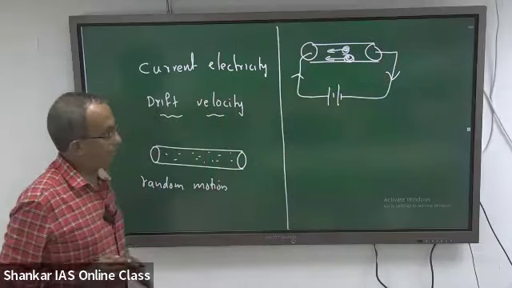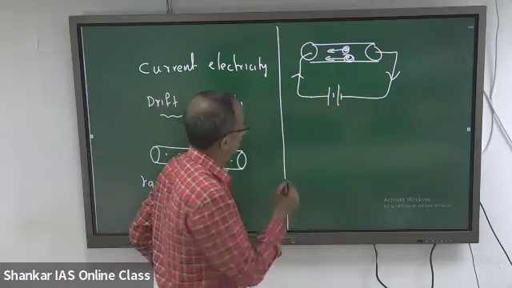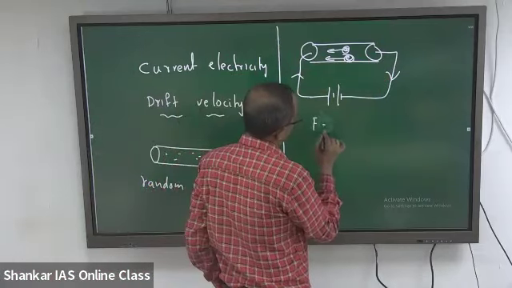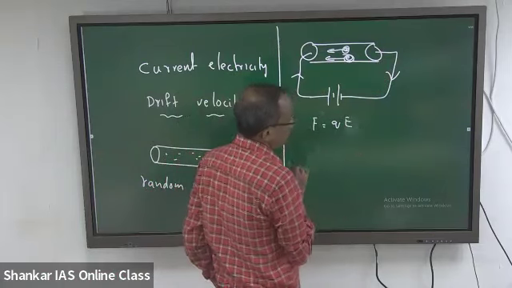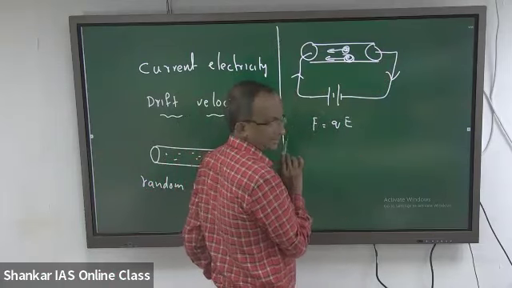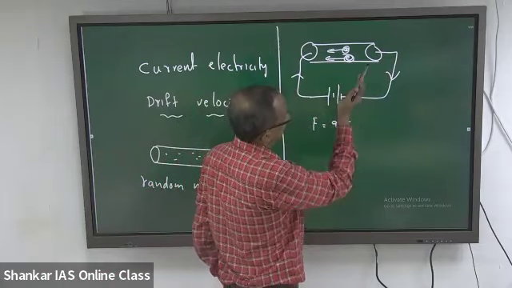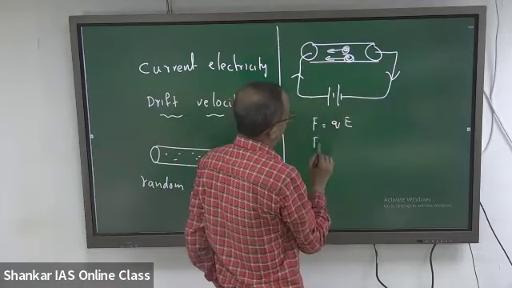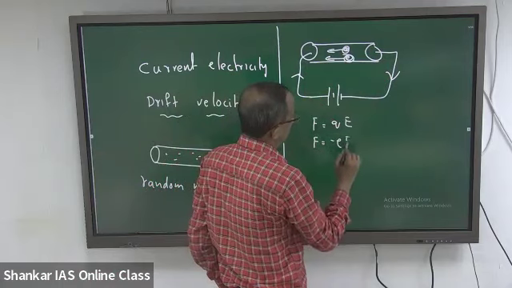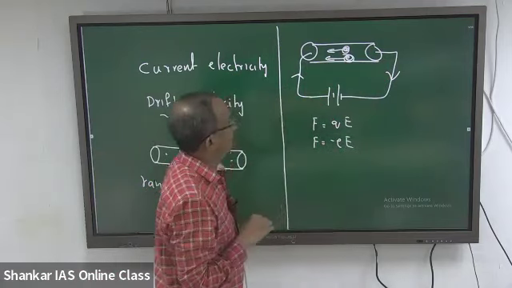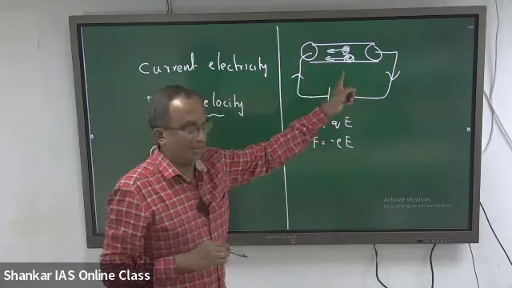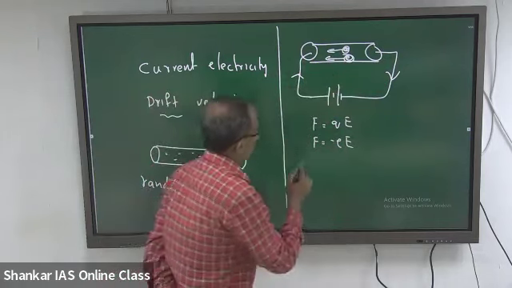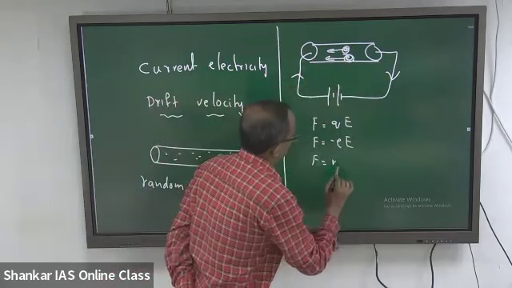For that, first of all, we will find out the force exerted. F equals QE, where Q is the charge and E is the electric field applied. Here, the electrons are drifted in the opposite direction of the electric field, so we can write F equals minus eE. The electron has a mass m and an acceleration, so F equals ma.